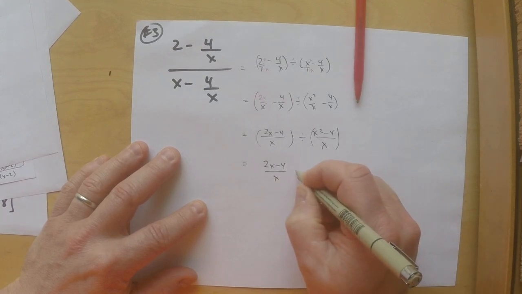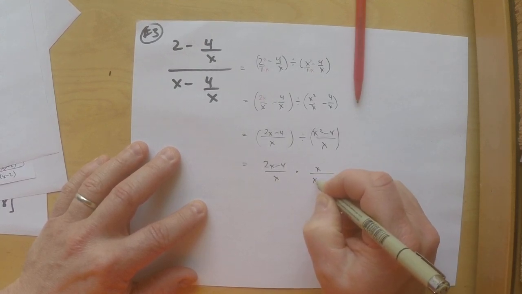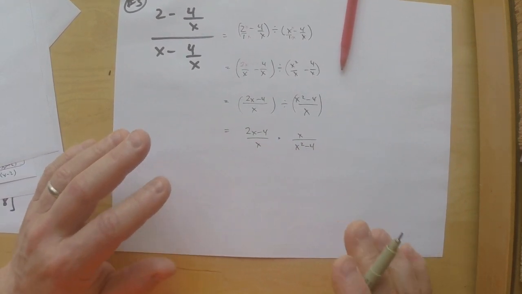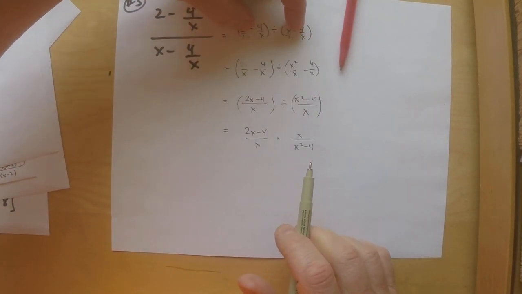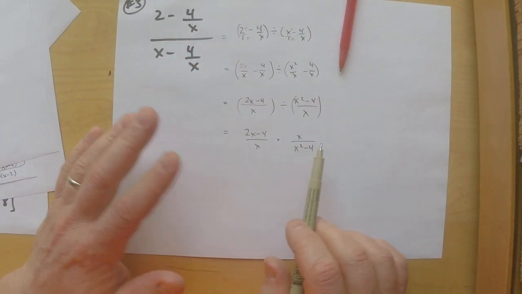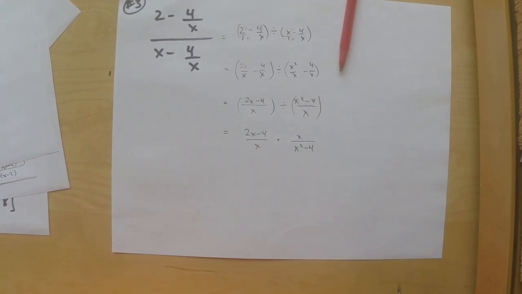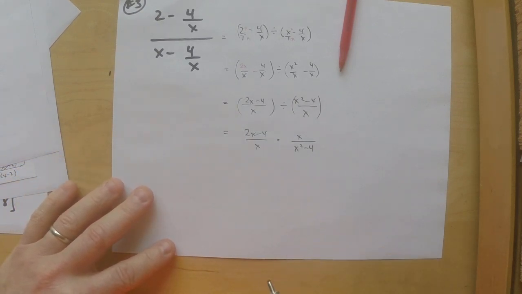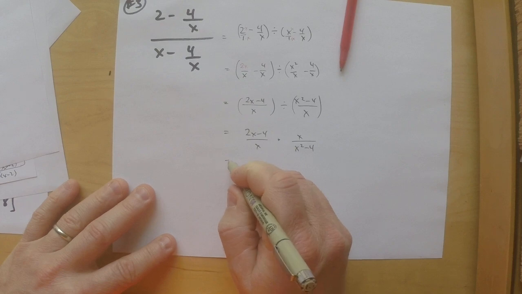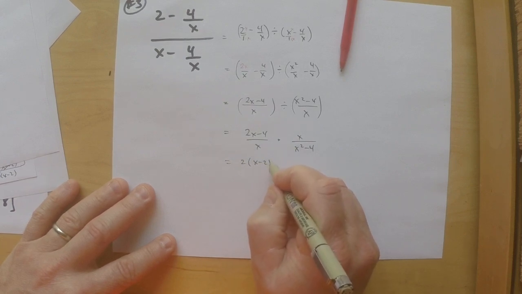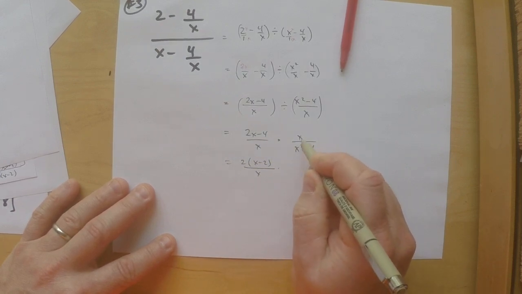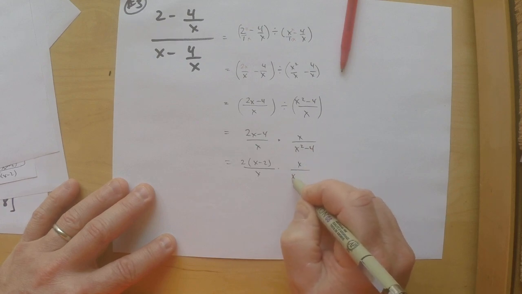So make that a times symbol, flip this little turkey around. There's my add subtract move right there. Now it's turned into a multiply divide question. And what do I need to do before I can tackle this? I need to factor it. Does this factor? Yep, I can take out a 2. Does x squared minus 4 factor?